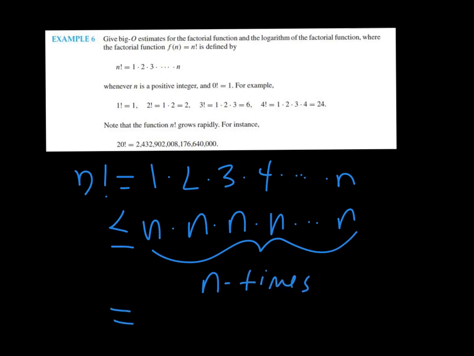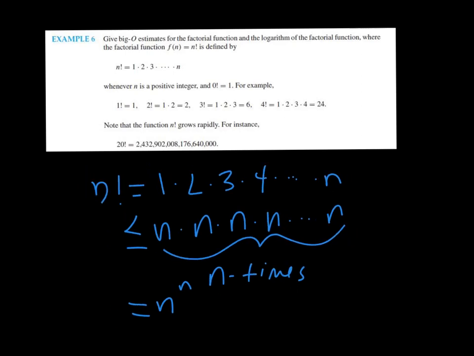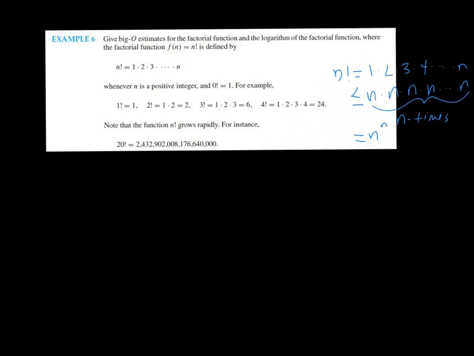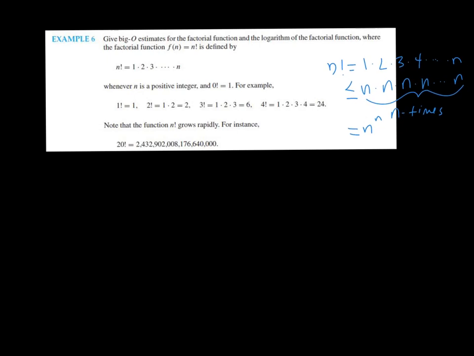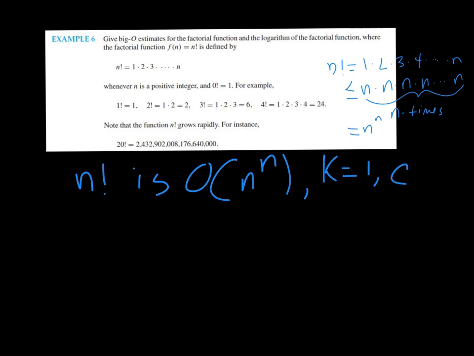This is equal to n to the n. And that shows that n factorial is big O of n to the n, with k equal to 1 and c equal to 1.